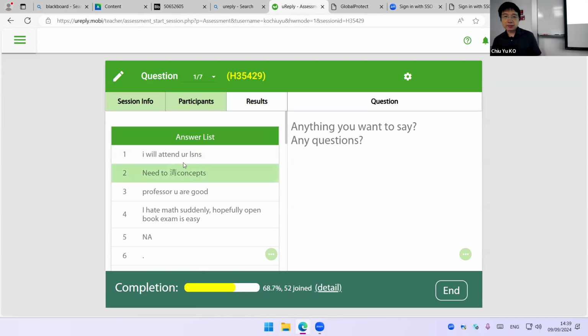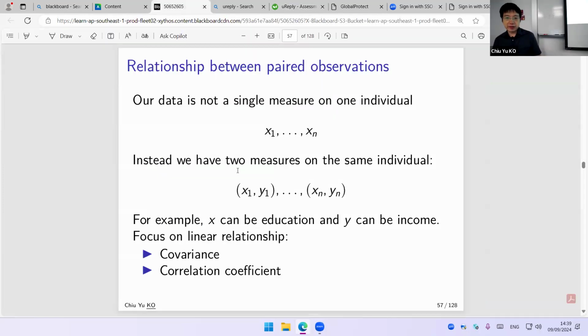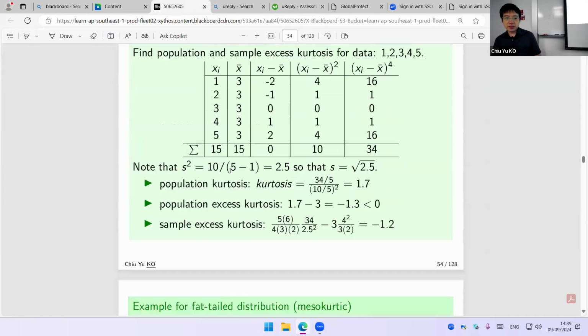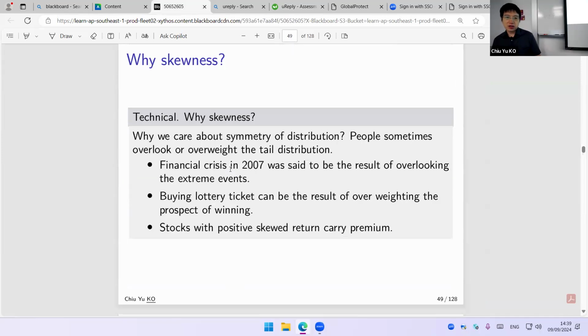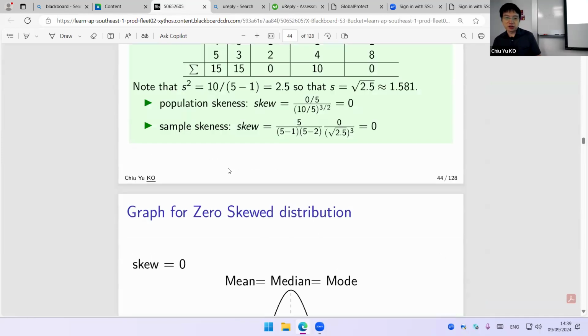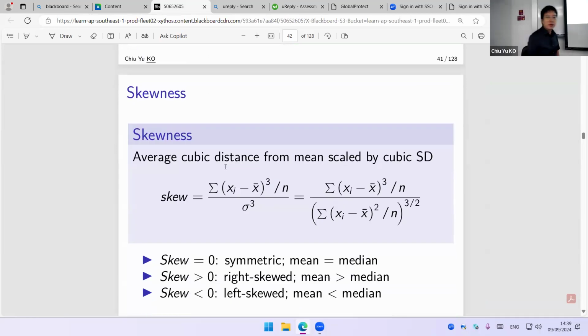Maybe I'll just repeat a little bit. Some of you asked me, can I speak human language when I talk about skewness and kurtosis? The human language for skewness is just asking whether the distribution is like this or this. Positive is like this, negative like this.